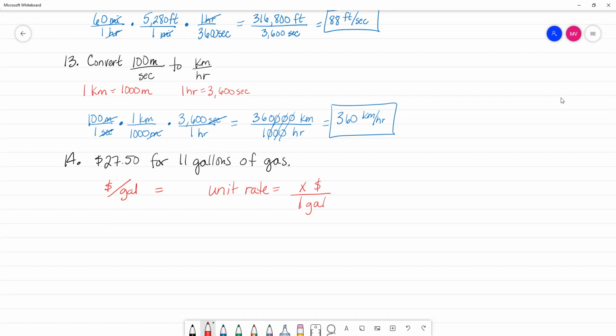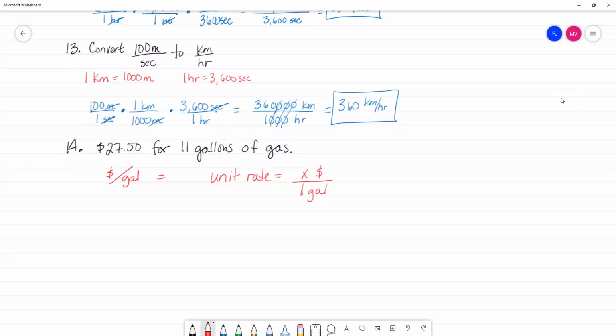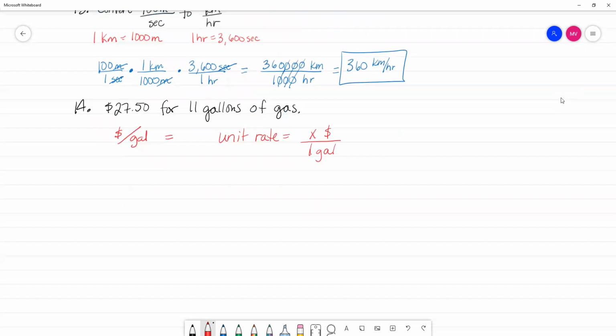I'm just trying to explain to you the concept of the principle so that you see it every time you get a problem like this. All they're asking us to solve is how much it is for 1 gallon when they ask for the unit rate. So you must have your denominator equal 1.